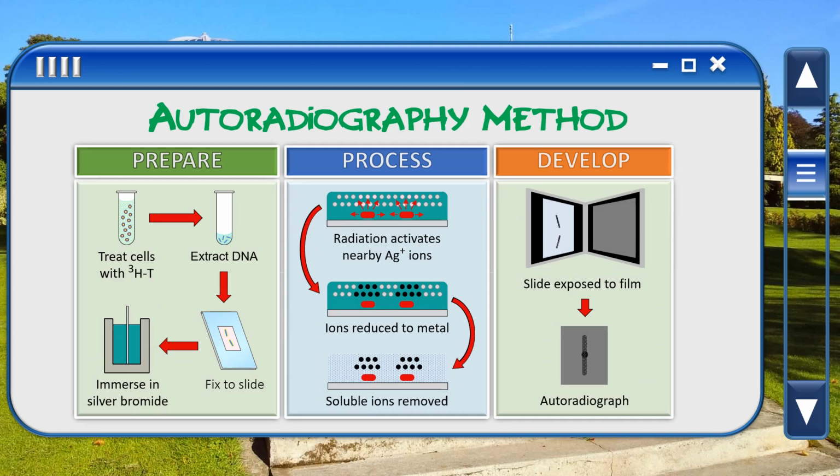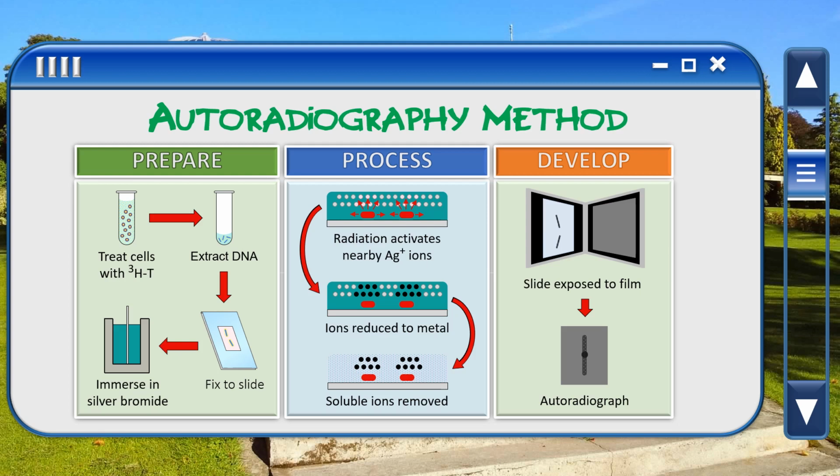In the preparation, he treated the cells, extracted the DNA, fixed it on the slide, and immersed it in silver bromide.